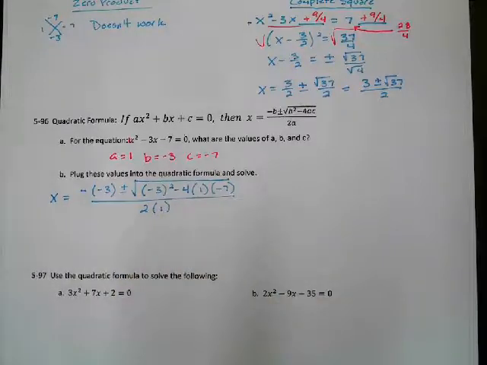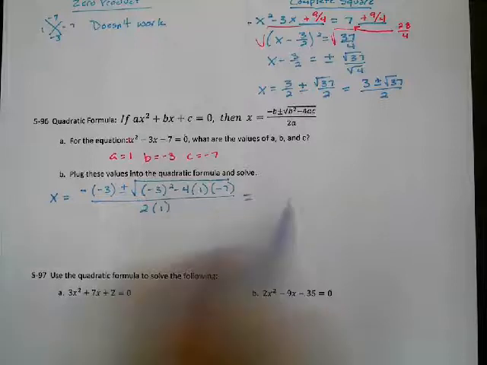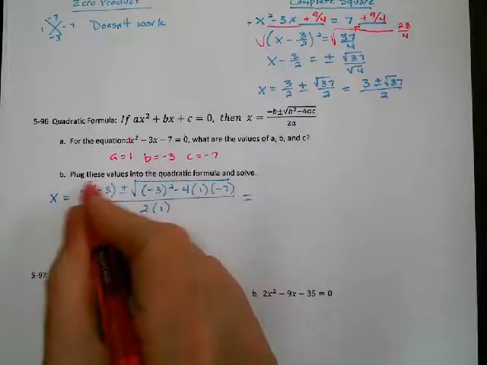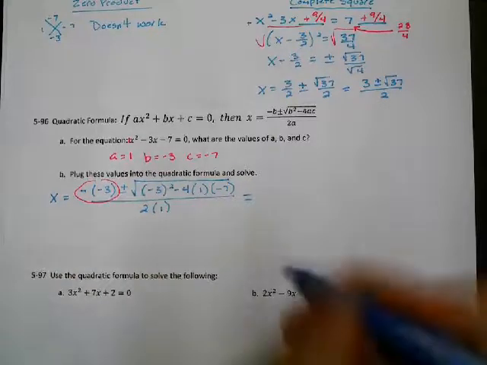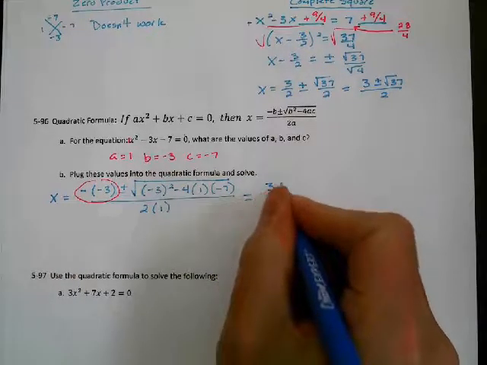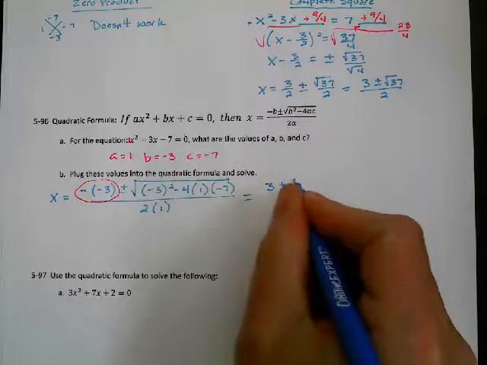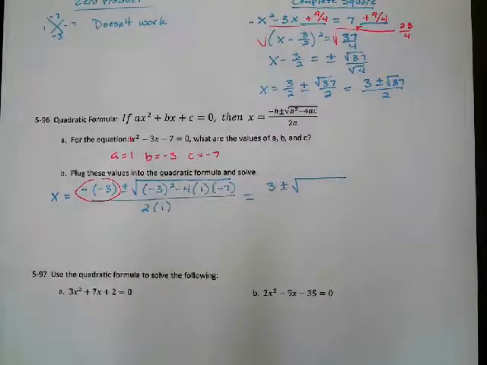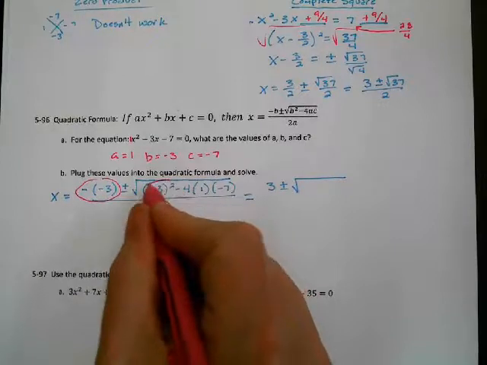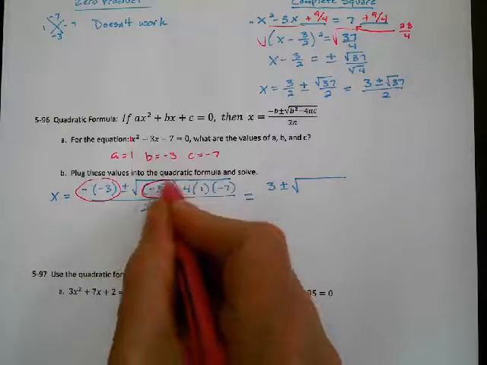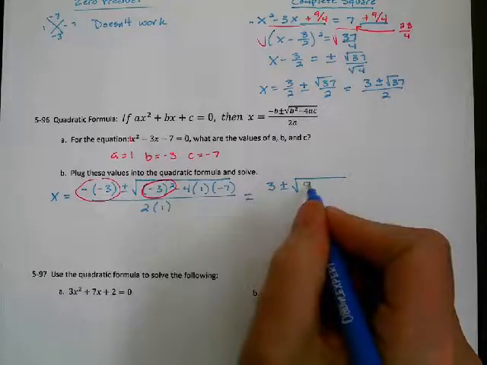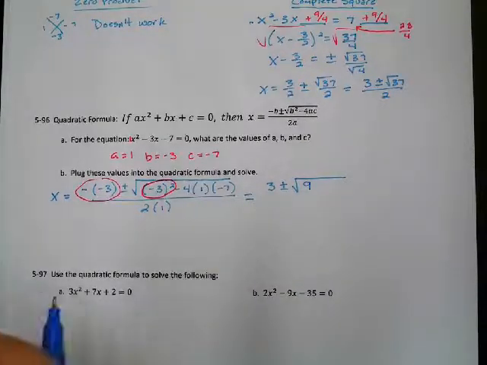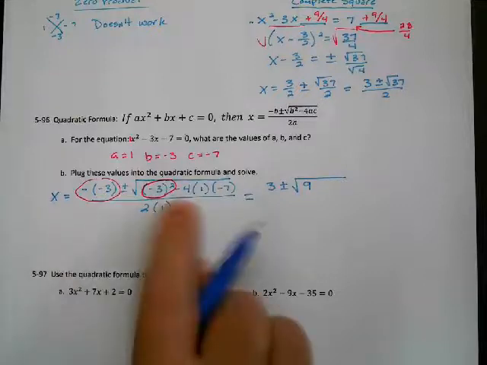All right, so at this point, I always clean up 4 sections. I start here: negative, negative 3. That's going to be positive 3, plus or minus the square root. The next section I clean up is where I'm squaring negative 3. Negative 3 times negative 3 is 9. We're always going to get a positive number right here, because if you square a negative, it's still positive. Now here I'm going to multiply these 3 numbers.